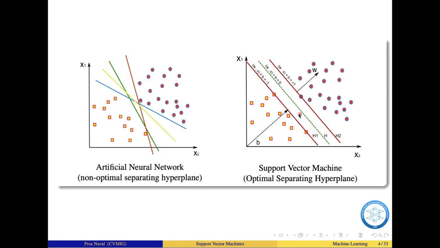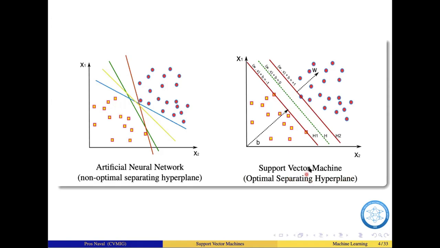Why is it optimal? Because it is maximally distant from all the points of your data set. Okay? Maximally distant. So that is the property of the support vector machine. It gives you the optimal separating hyperplane.